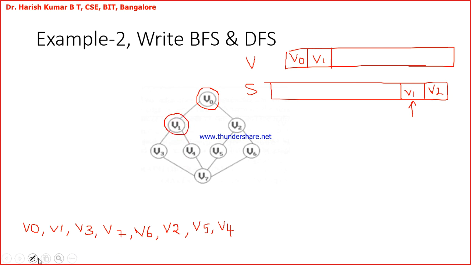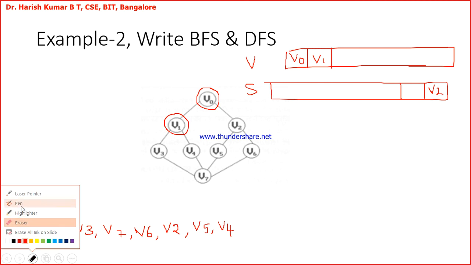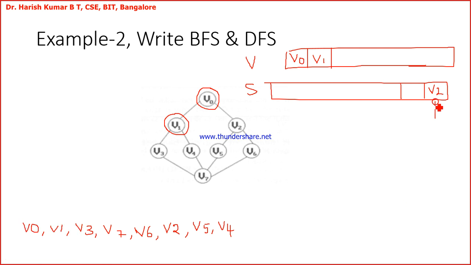Okay. Now when it is visited, it has to be erased from the stack, and top of the stack is pointing to V2. Now I have to find the adjacent nodes to V1. Adjacent nodes to V1 are V3 and V4 and V0, but V0 is already visited.